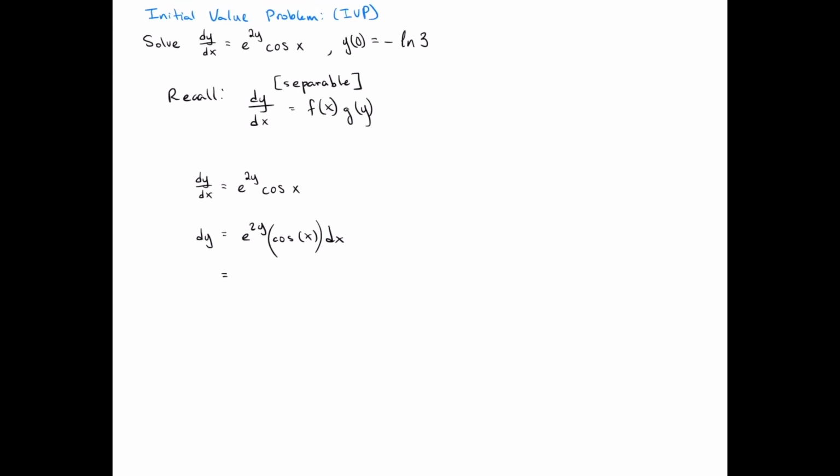And then we can divide these terms of y to the left side. So that'll become 1 over e to the 2y power dy equals cosine x dx.